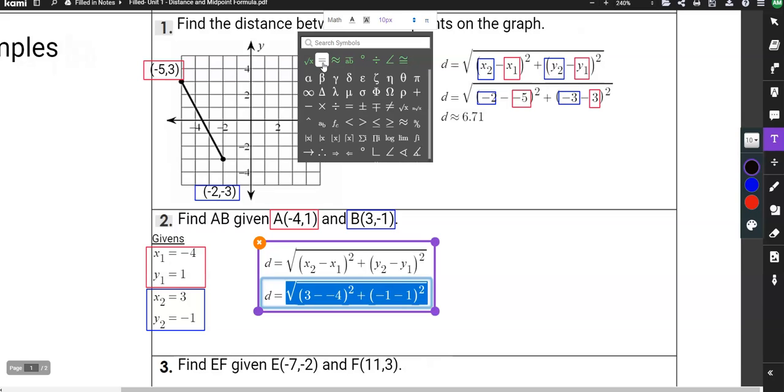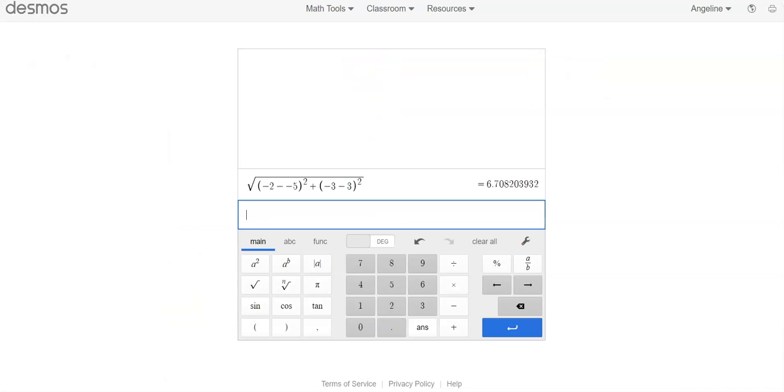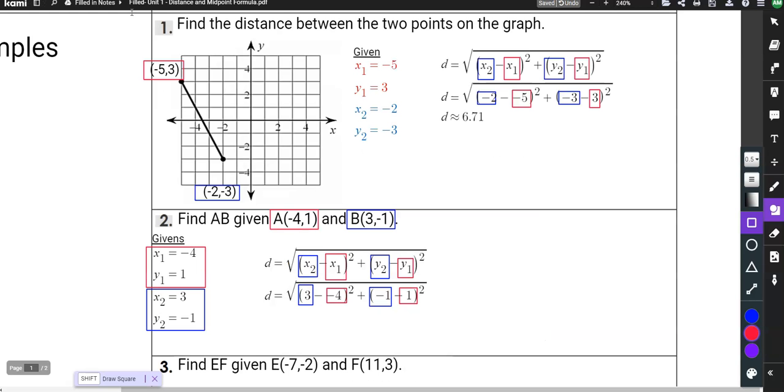And then we're going to square that as well. And I'm going to copy and paste this into my Desmos calculator. But first, I'm going to box in my x2s and my y2s, and then do the same thing to my point 1. Okay. And after I run that through the calculator, I find out that we get 7.28.